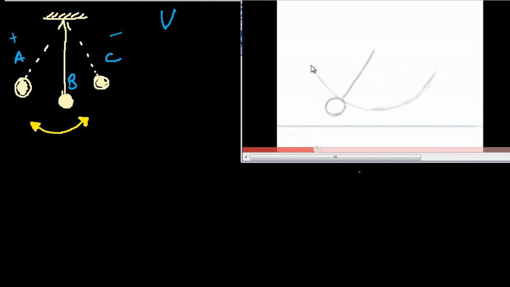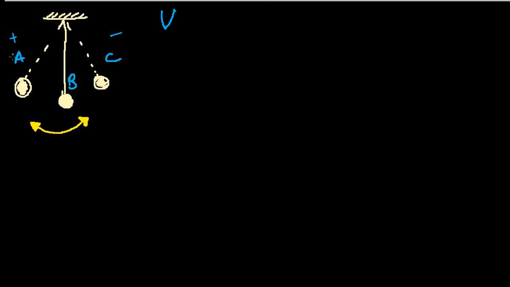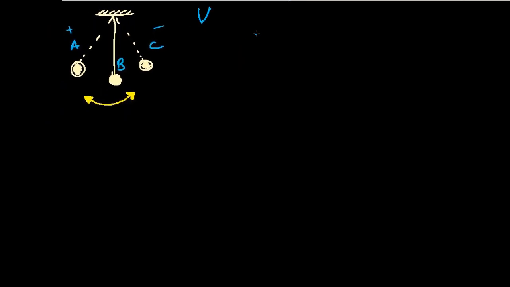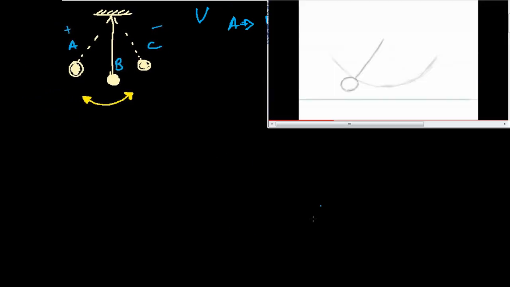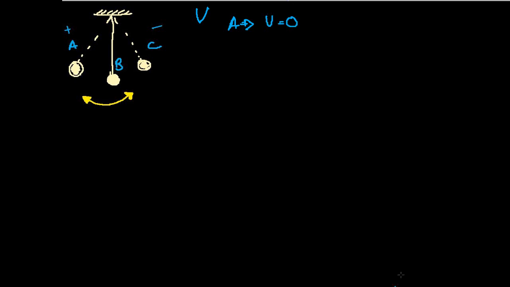And if you did mechanics, you would know that at the highest displacement position, the velocity would equal zero. So over here, A would be its highest maximum displacement position, and at A, velocity would equal zero. And as we saw in the video, as you're going down towards the equilibrium position, the velocity increases.